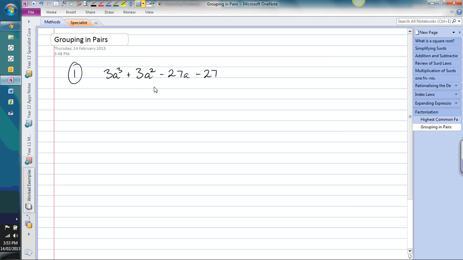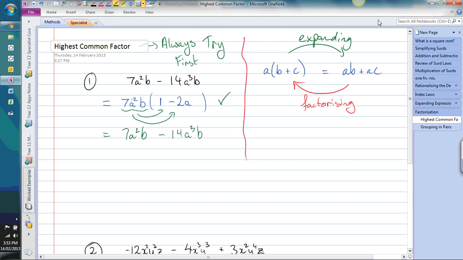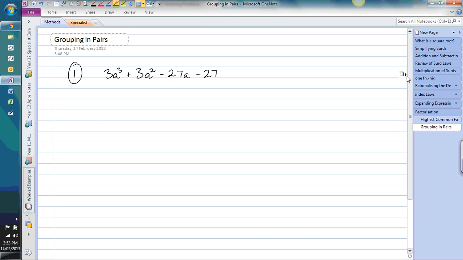Before we do that though, we have to do what I suggested in the last section, and that is always try highest common factor factorization first. So let's have a look here. Are there any factors that are common to all 4 of these terms?